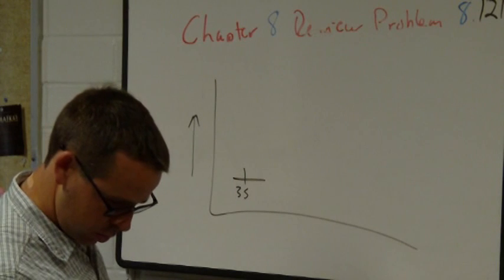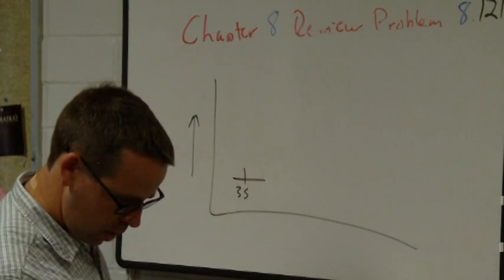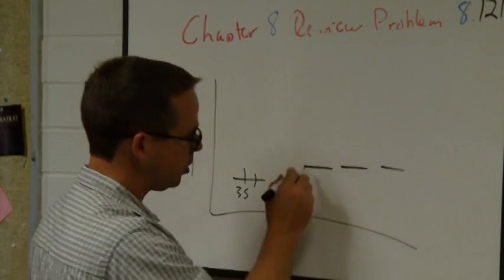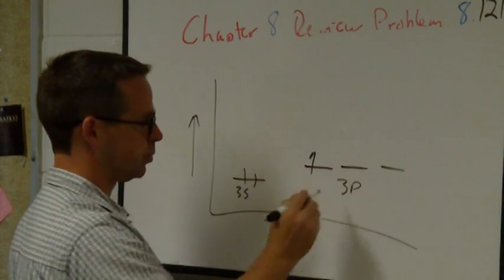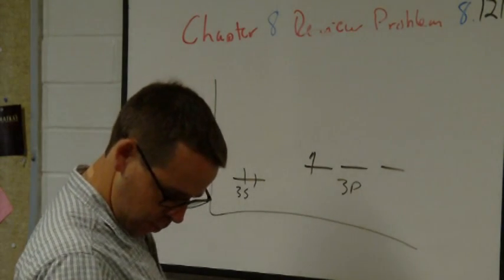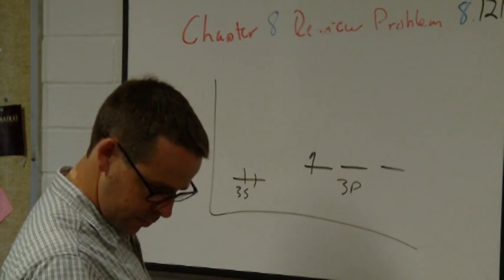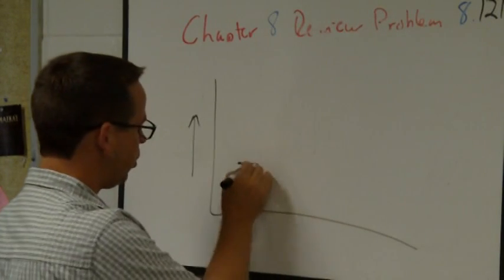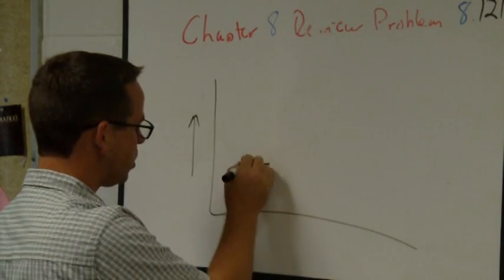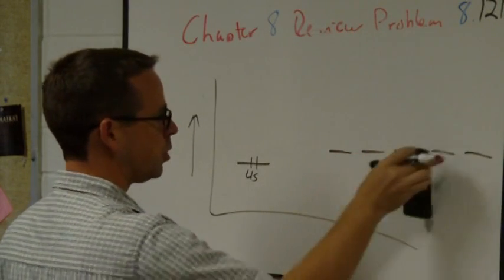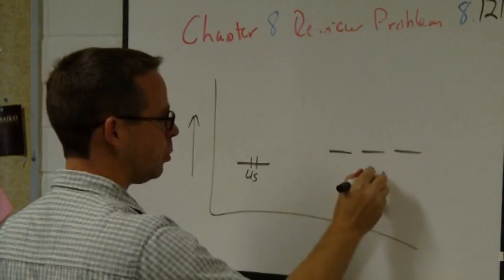For aluminum, it was 3s2, 3p1. So that's the orbital diagram for our aluminum. For germanium, we had 4s2, 4p2.